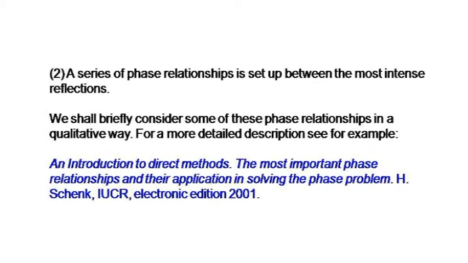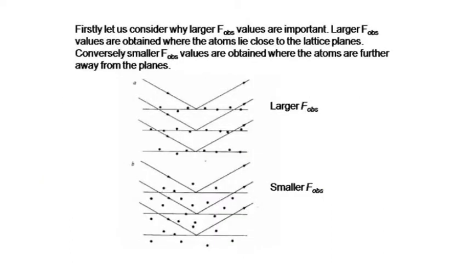You basically have a set of phase relationships set between the most intense reflections. Let's show how this is done. If you want to look at this in more detail, this is available online. You just put in a Google search for this and you can download it. It gives it in much more detail. But this is one of the diagrams.